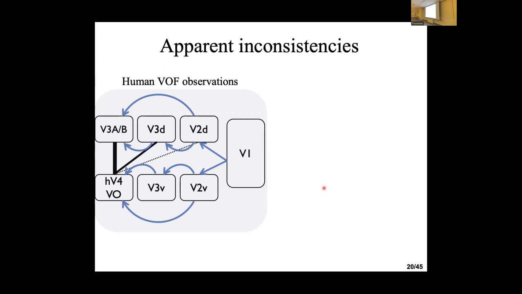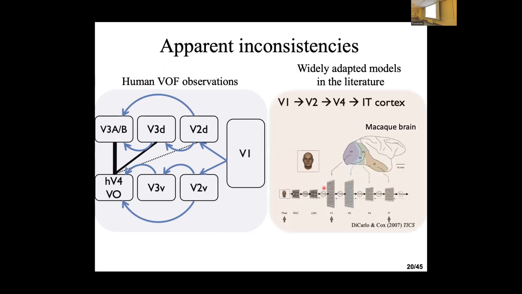But people often come to me and say this is very weird, maybe this is wrong, because they think it should be V1, V2, V4, IT cortex. Well, I don't know. There are just many papers in the literature talking about V1, V2, V4, IT cortex, but I honestly think that one of the reasons is that these are relatively easy areas to measure in electrophysiology in the folded macaque brain. V3 in the macaque is very difficult to measure because of the lunate sulcus.